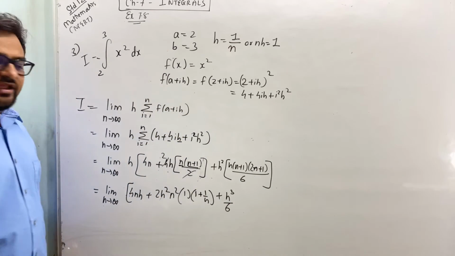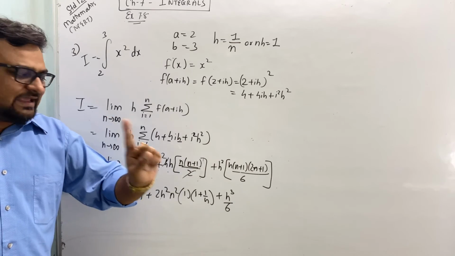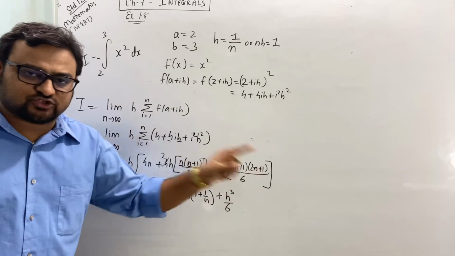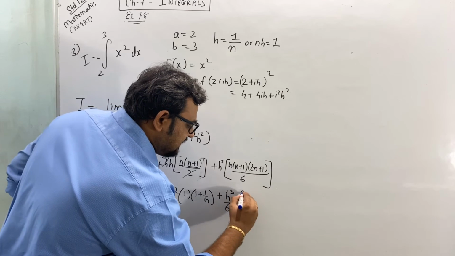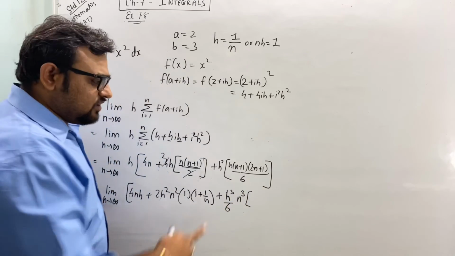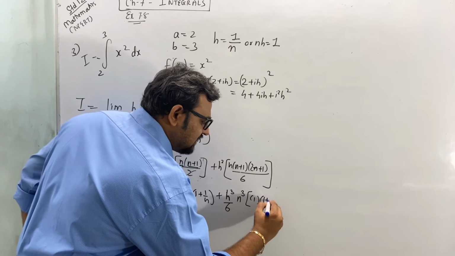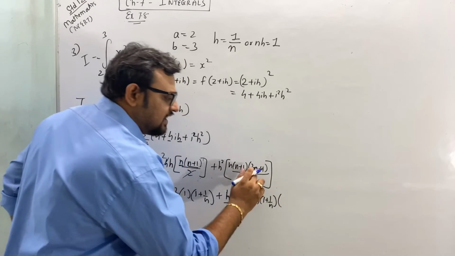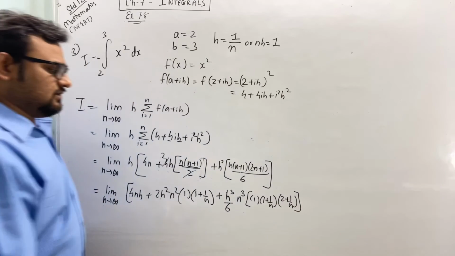Okay, clear? So now see, I am taking n common from all these three, so n cube. Clear? From here it's 1. From here 1 plus 1 by n. And from here 2 plus 1 by n.